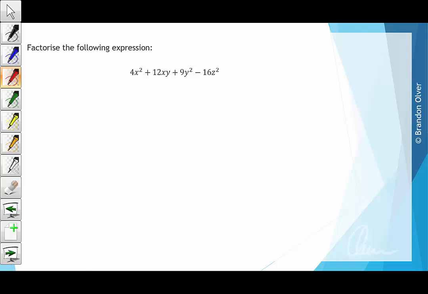So if we look at the first 3 terms of this, we can actually identify that it's a perfect square. So the first term, 4x squared, is actually 2x all squared, and the 9y squared is actually 3y all squared.